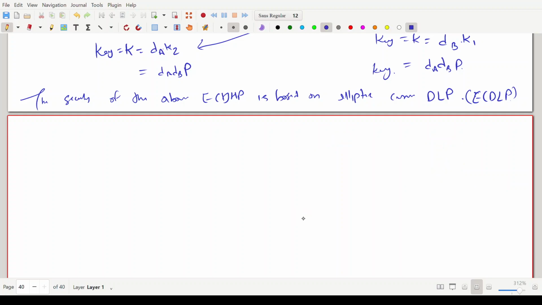Let us do one more, that is the elliptic curve based ElGamal crypto system.